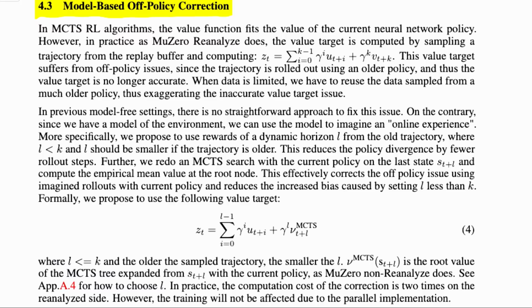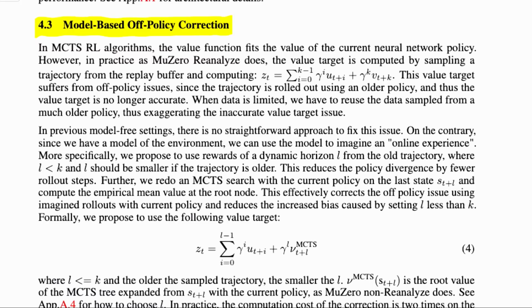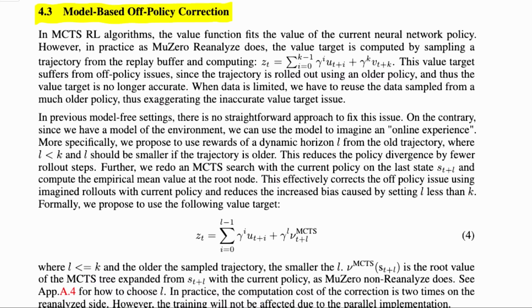So, what we usually do is we sample a trajectory from the replay buffer and we compute this target value z right here for the value function. The value target suffers from off-policy issues since the trajectory is rolled out using an older policy, and thus the value target is no longer accurate.